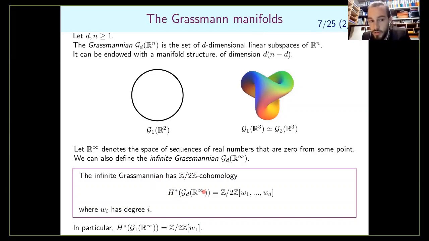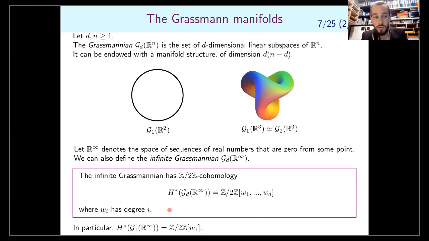So the cohomology over Z over 2Z is the polynomial algebra generated by d indeterminates. They are called W1 to Wd. And each Wi has degree i.